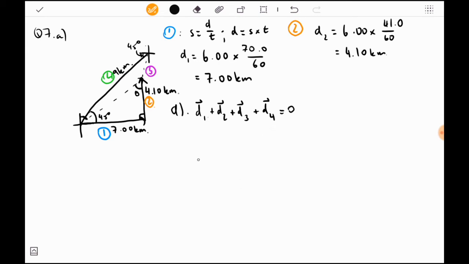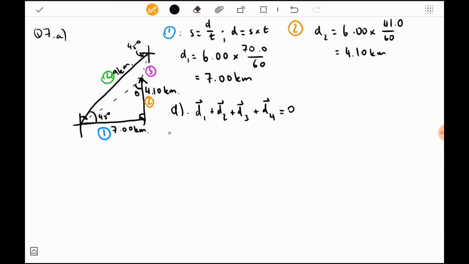When we have 3 vectors, we have all these nice triangular rules that we can use, non-right angled trigonometric rules. However, when we have 4 distances, it becomes a little bit more difficult to apply those. And so instead, it's often better to convert all of these into component form, because from there, it's a lot easier. So let's write all these out in component form.